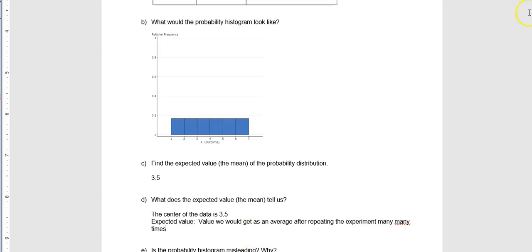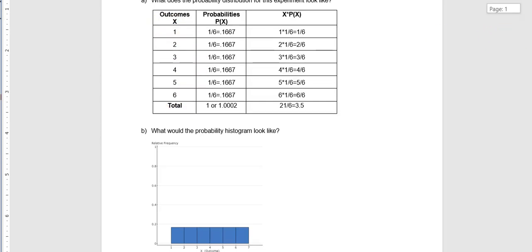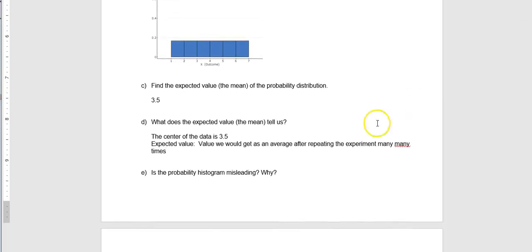So if we rolled a die 200 times or 500 times or 1,000 times, and we wrote down the result each time and then we averaged those, we would expect to get an average of 3.5. And the more trials we do, the more times we repeat this, the closer we would expect our actual average to be to our expected value of 3.5.